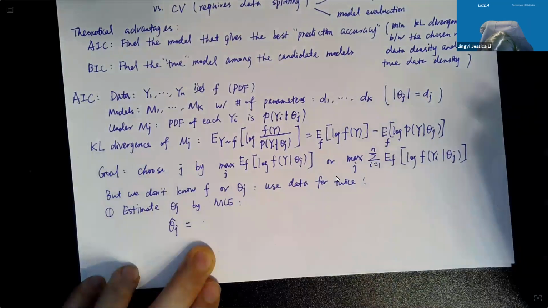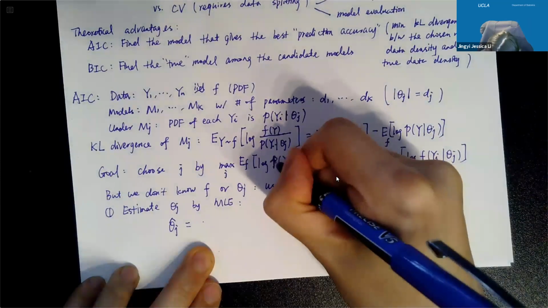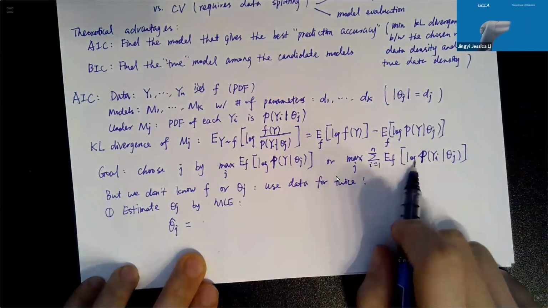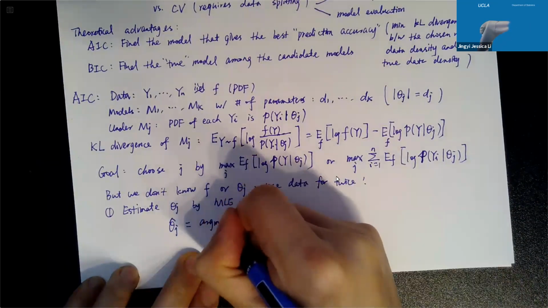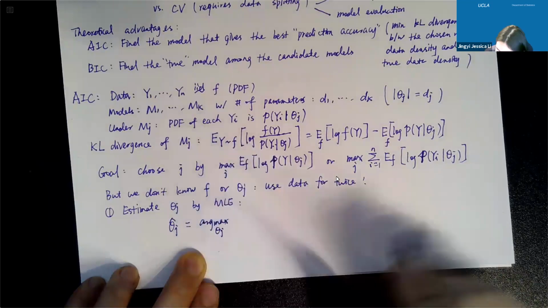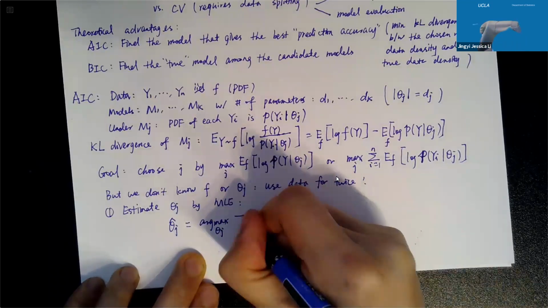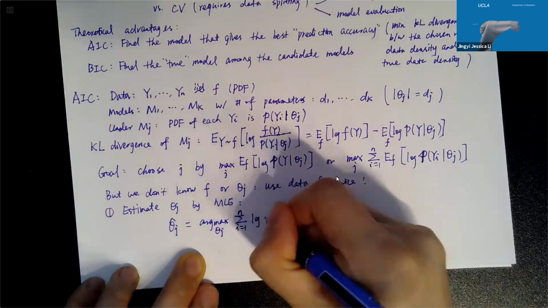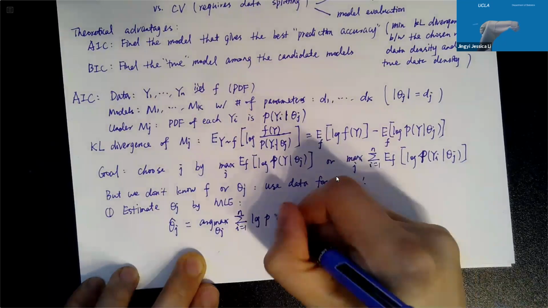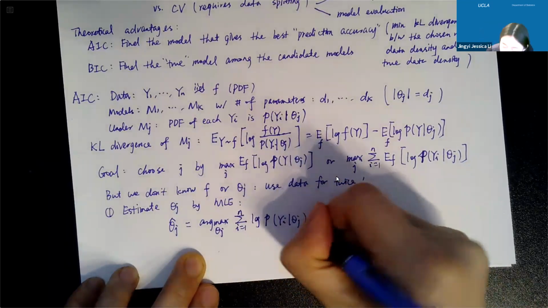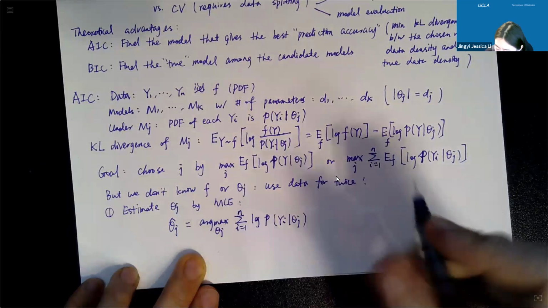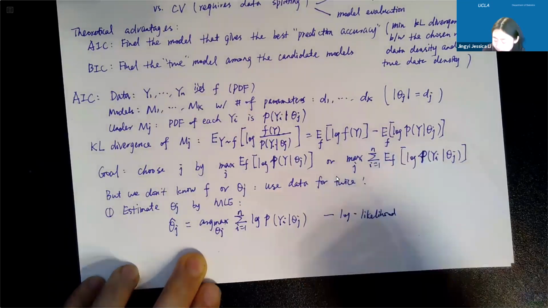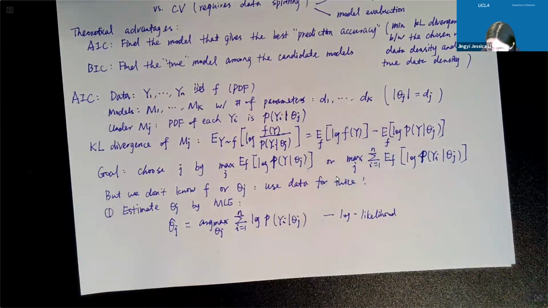Oops, I think I made a typo, sorry. This is P, it's not F, my bad. So it's the theta j that maximizes the summation of log p(yi | theta j). This is exactly what we define as the log likelihood. Okay, that's how we obtain the MLE.